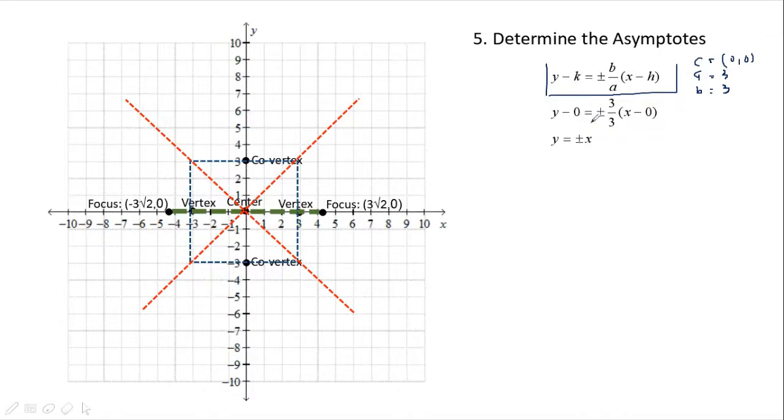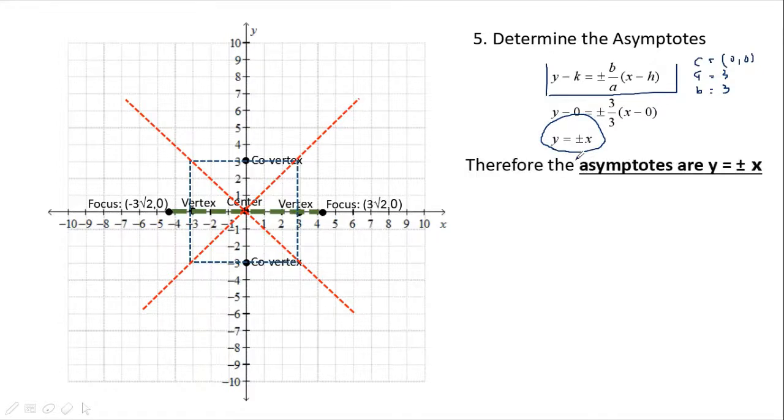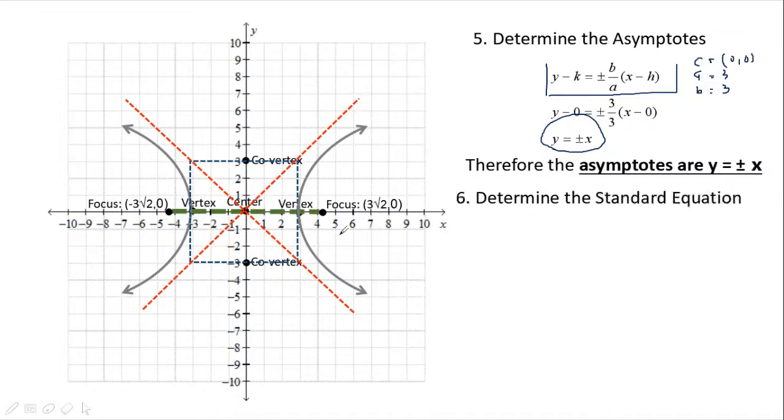So y minus 0 is y, x minus 0 is x, and 3 divided by 3 is 1. Therefore, our asymptotes are y equals positive x and y equals negative x. So these are our asymptotes, the red lines here. Then this is the graph of our hyperbola.